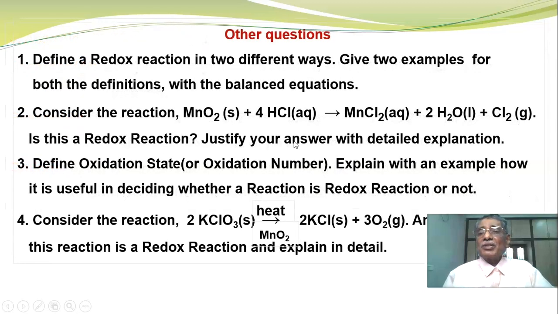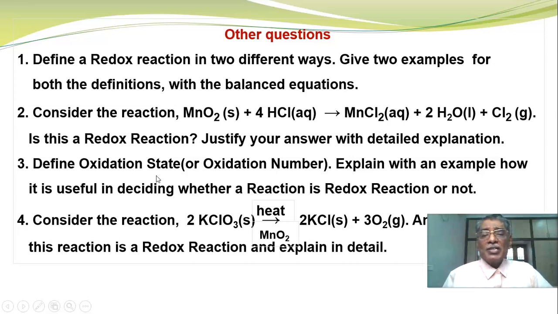Other questions. Define a redox reaction in 2 different ways. Give 2 examples for both the definitions with the balanced equations. Question 2. Consider the reaction MnO2 solid + 4HCl gives rise to MnCl2 + 2H2O + Cl2. Is this a redox reaction? Justify your answer with detailed explanation. Question 3.